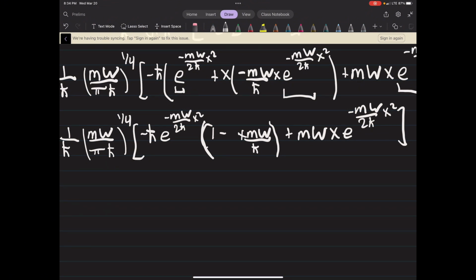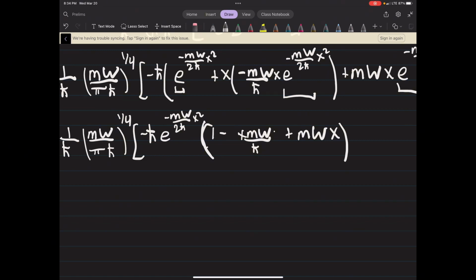So what we could do is factor out this e term as well. And I think we can do most of this without doing anything too crazy. So let's just drop this parentheses. Let's go ahead and get rid of this term.